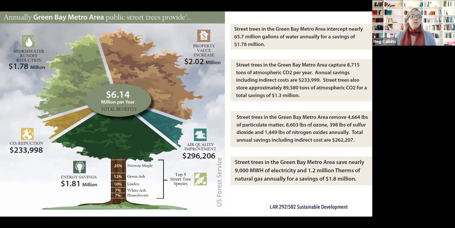So for instance, this study by the US Forest Service found that in the Green Bay metropolitan area, not a really big city, the trees provided $6.1 million per year in ecosystem services: $1.878 million in stormwater runoff reduction, 2.2 in property value increases, almost 300,000 in air quality improvement, 1.8 million in energy savings from the buildings that are shaded by the trees in the summertime, and $230,000 worth of CO2 reduction. So this is pretty substantial.